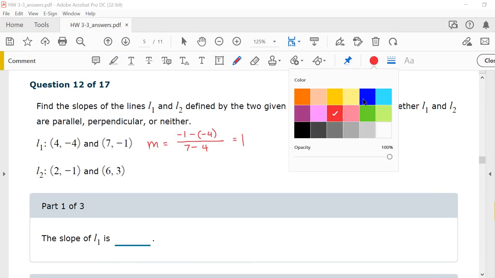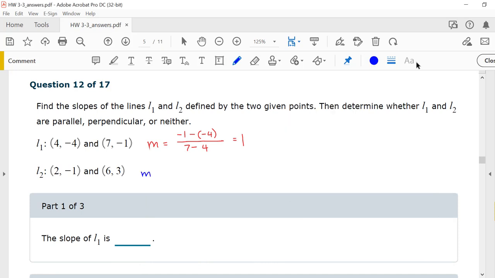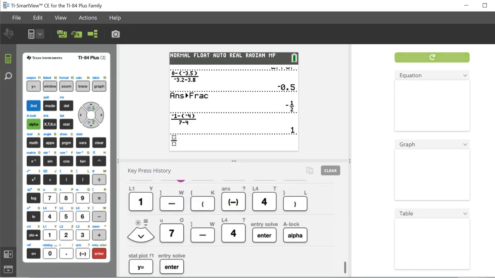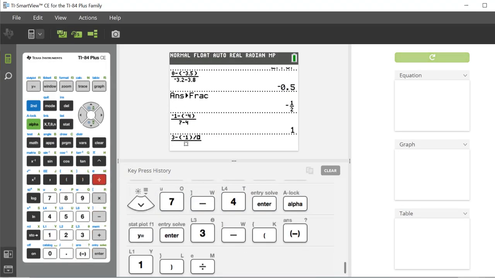Okay, the slope of line 2 would be 3 minus negative 1 over 6 minus 2. Here we go. 3 minus negative 1 over 6 minus 2.